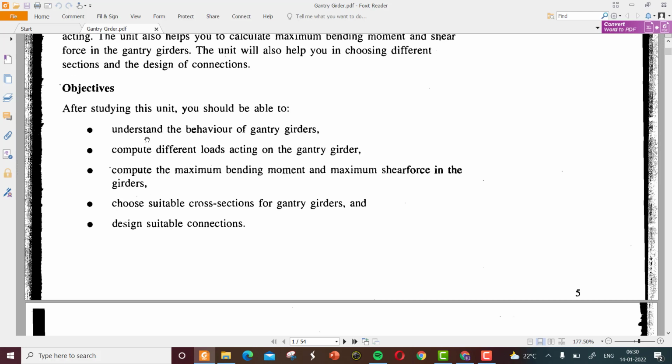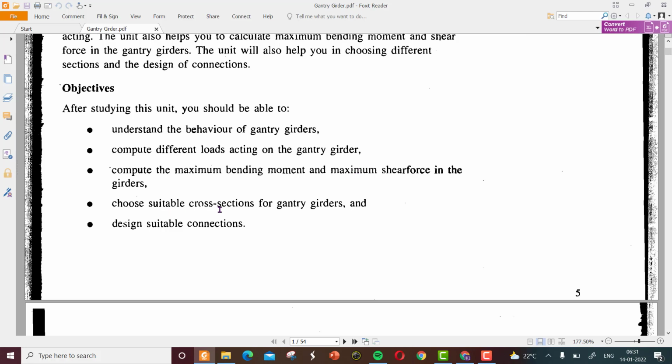And in this PDF, we will understand the behavior of gantry girders, compute the different loads acting on the gantry girder, and compute the maximum bending moment and the maximum shear force, which we discussed. They are subjected to lateral as well as longitudinal additional stresses, which makes these calculations a challenging one.